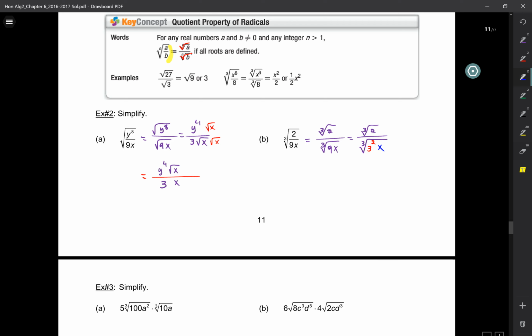Now, I need a total of 3 of each of the elements in the denominator. So hang on, I'm doing this, and then I'll take questions. I need a total of 3 3s, and I need a total of 3 x's. That means I have to add in some additional ones to complete this. How many more 3's do I need to add in? 1. And how many more x's do I need to add in? 2.